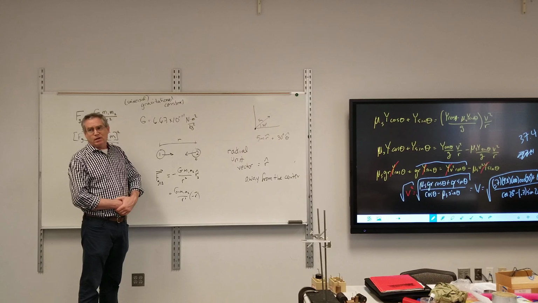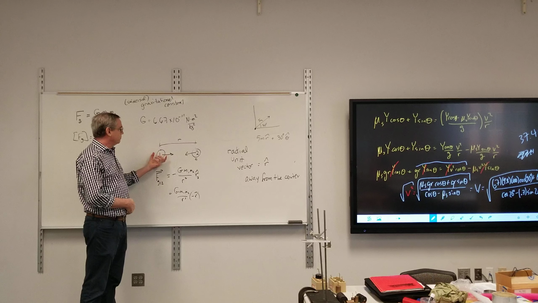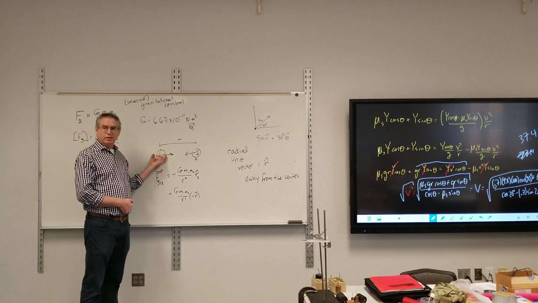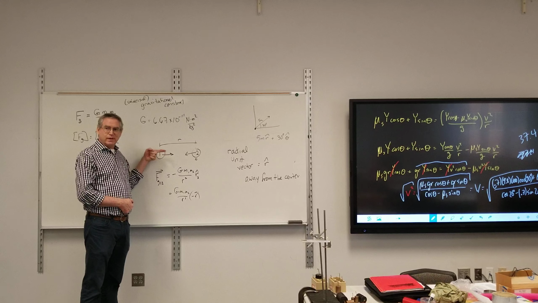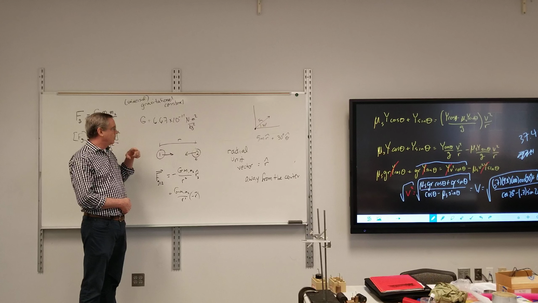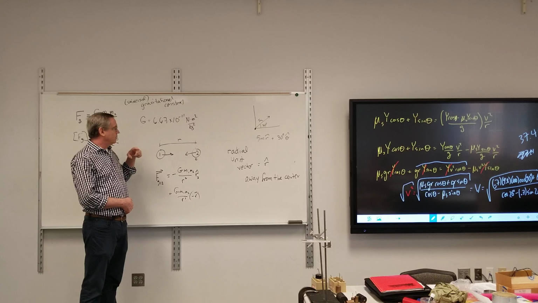Why is r hat negative in this situation? What is the direction of the force on 1? Towards the other? Yeah, towards the center of the other one. Oh, so it's towards the center of the other. It's just that on the drawing it looks like the forces are away from the center, because the arrows are pointing away from the center of each one.